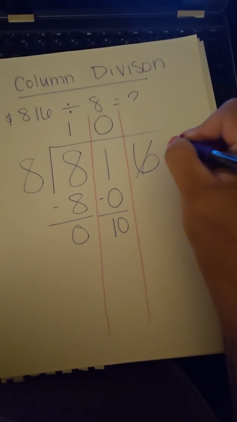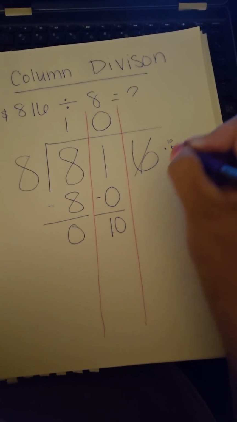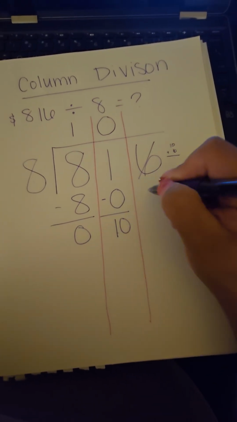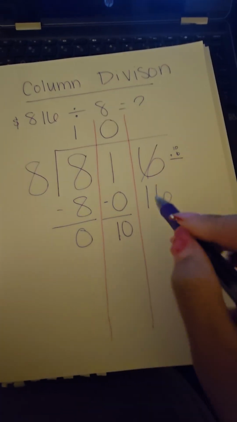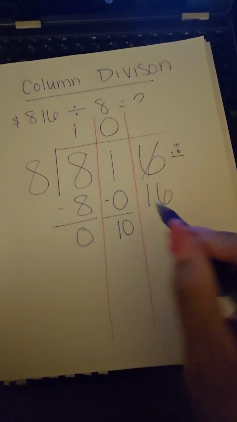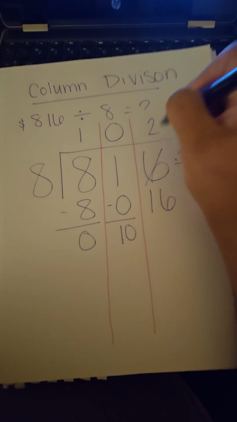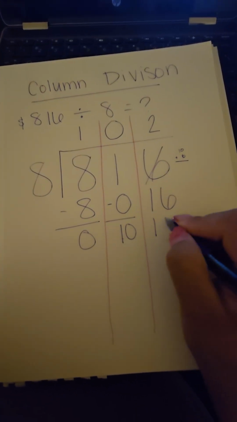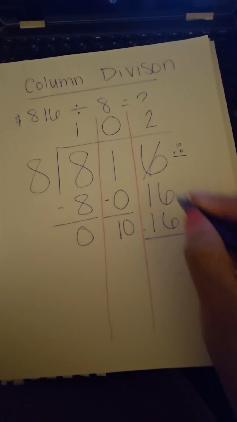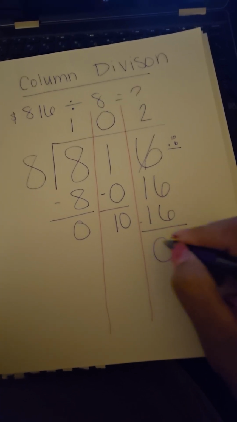So that would be 10 plus 6 ones, which would then be 16. How many times does 8 go into 16? 2. So 8 times 2 is 16, minus that, and you get 0.